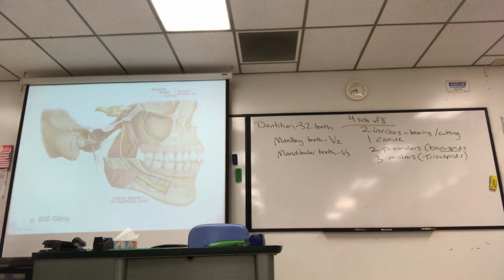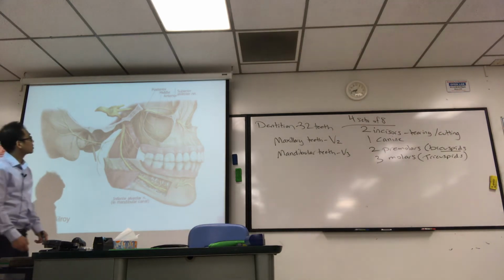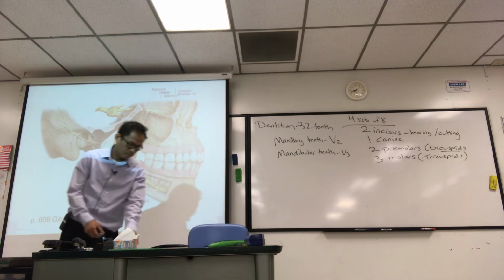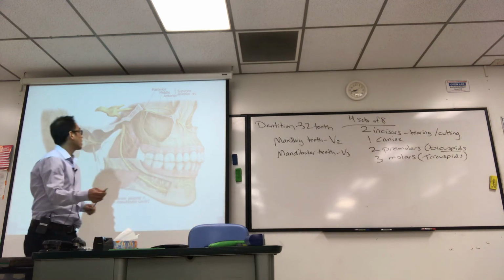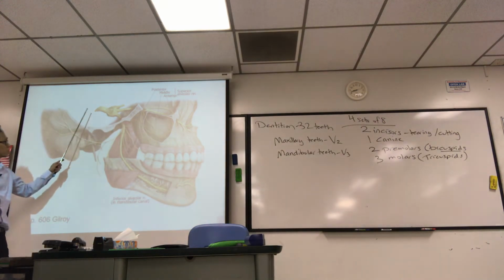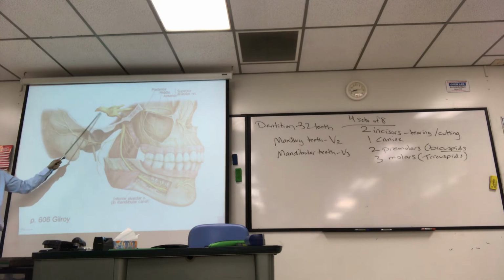And here's a picture; this slide shows V2 and V3. Remember, this is the trigeminal nerve, cranial nerve 5. There's ophthalmic, maxillary, mandibular divisions.